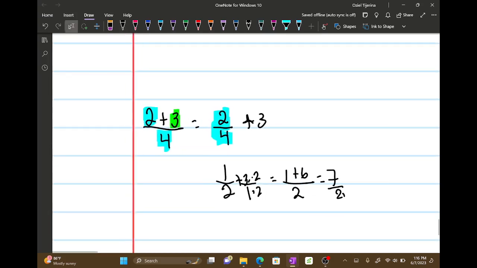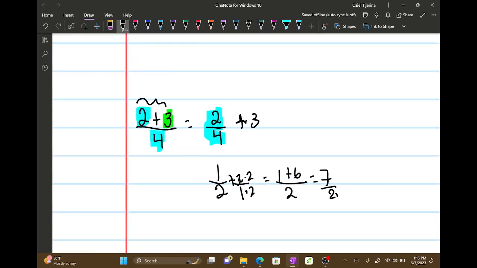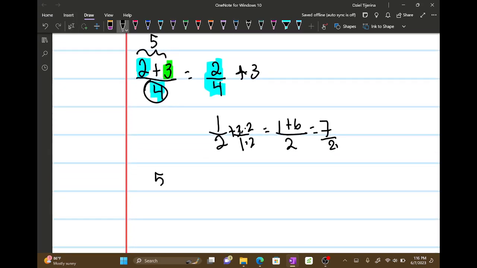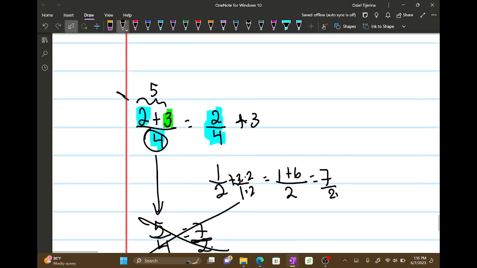But no, the top is 5, and the bottom is just 4. So this whole thing is 5/4. But this is not equal to 7/2. No. So obviously, this rule, we do not do this. We do not do that.